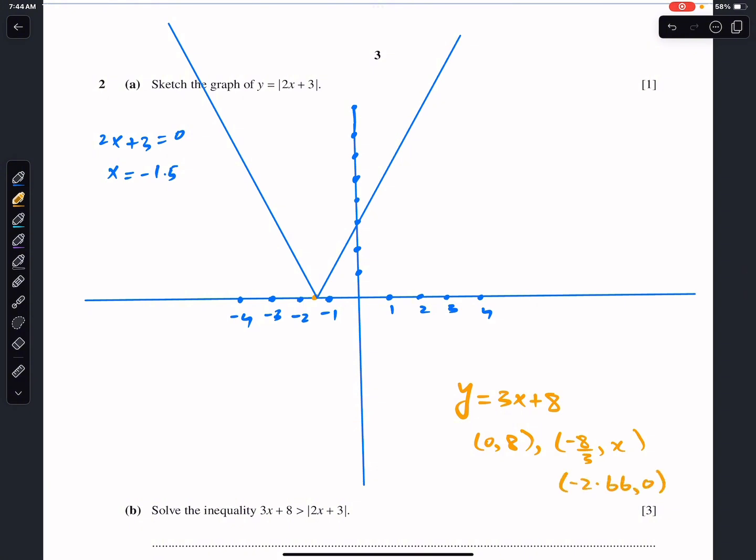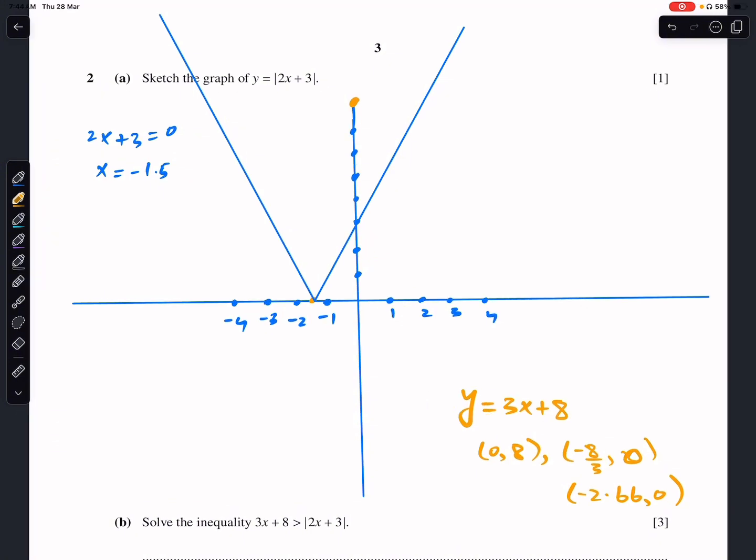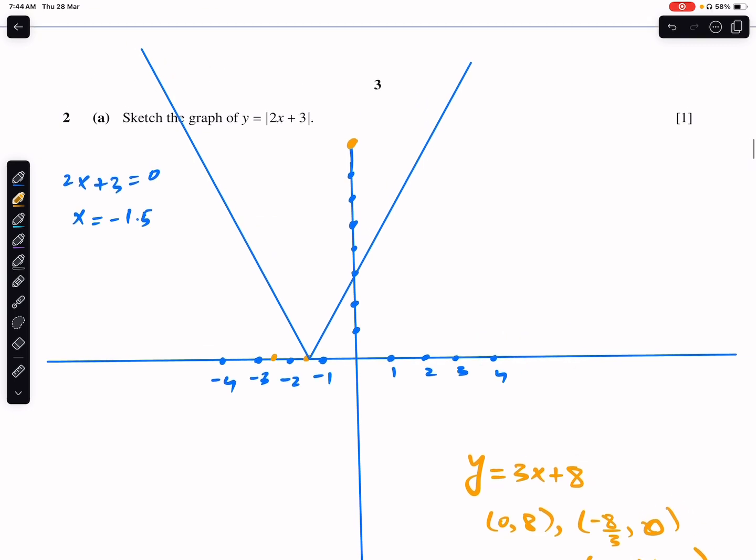So minus 2.66 comma 0, y is 0. So try to draw these points on the above graph. So 0 comma 8 is here, and then minus 2.66 is between 3 and 2. So this is your minus 2.66. Draw a straight line passing through these 2 points.